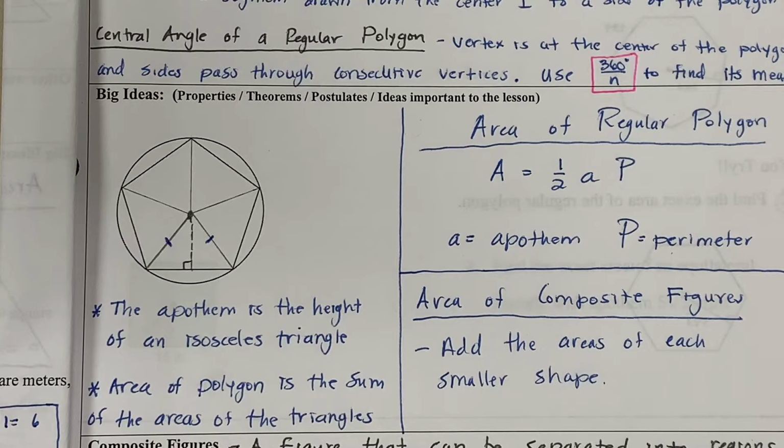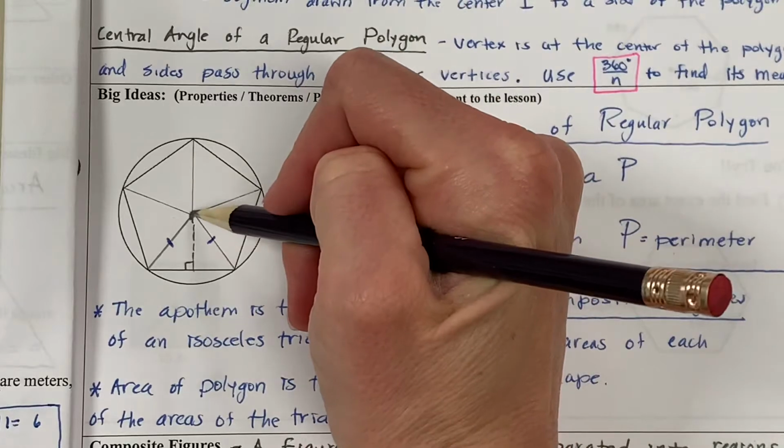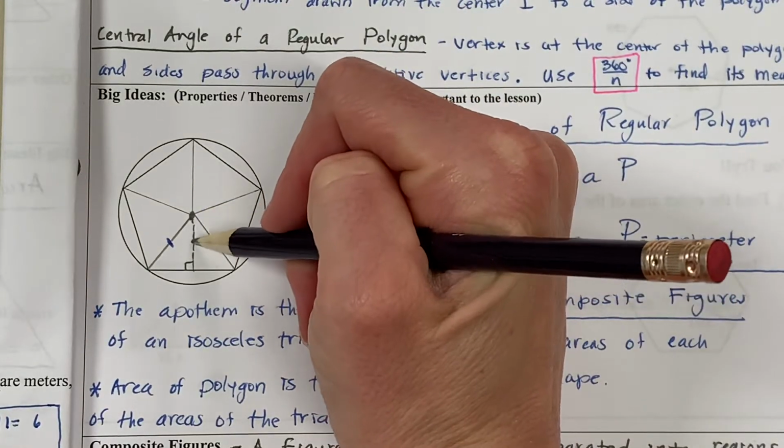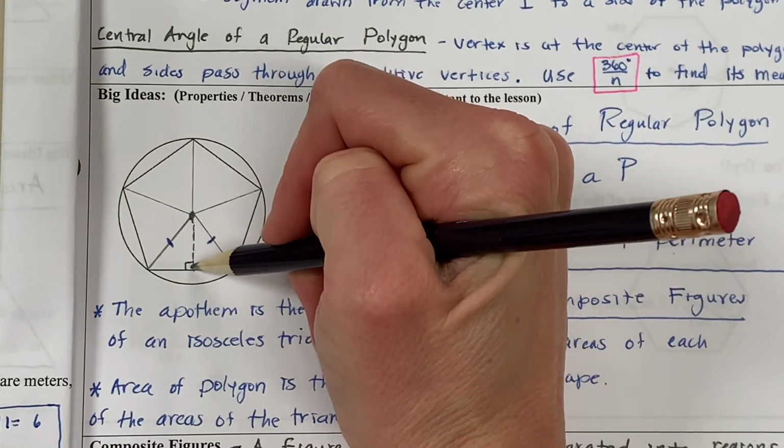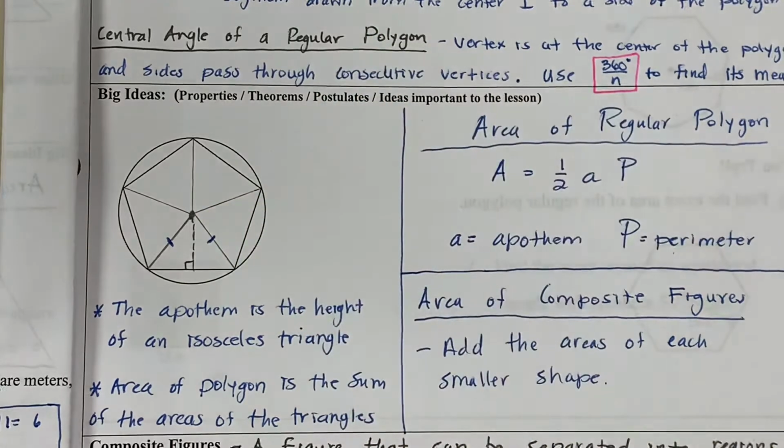A hexagon would have 6 isosceles triangles. A square has 4 sides, so it would have 4 isosceles triangles. Well, the apothem, the distance from the center perpendicular to a side, is the height of one of those triangles.